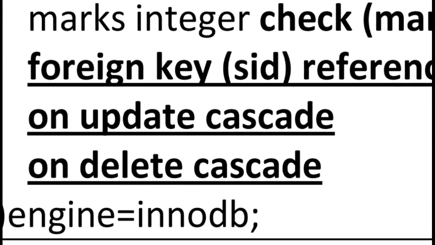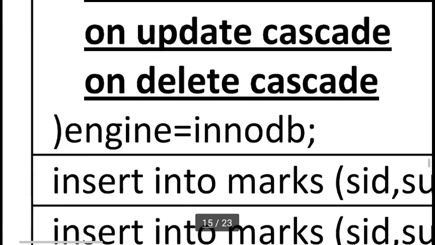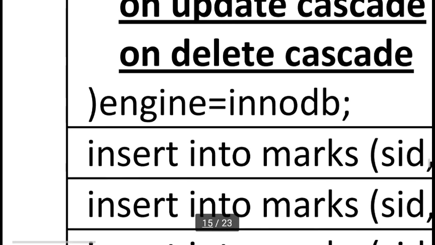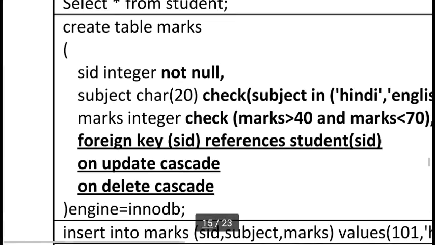Suppose in the student table we change the roll number, it will automatically change in the marks table. Suppose I want to delete a particular student record from the student table, ON DELETE CASCADE will automatically delete all the student details in the marks table. And we must use ENGINE = InnoDB. Okay, so this is the marks table, complete with the foreign key concept.